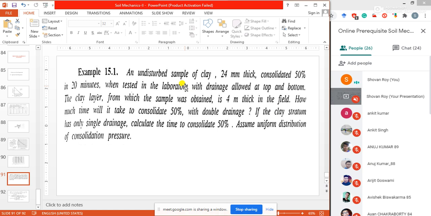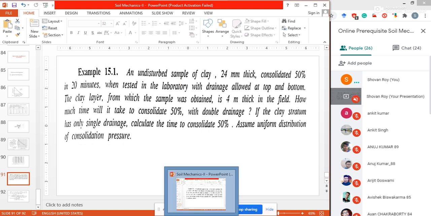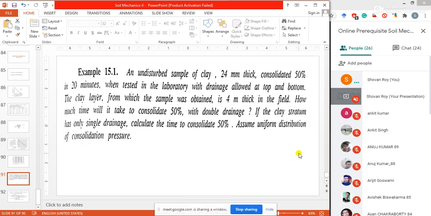An undisturbed sample of clay, 24 mm thick, consolidated 50% in 20 minutes when tested in the laboratory with drainage allowed at top and bottom. The clay layer from which the sample was obtained is 4 meter thick in the field.